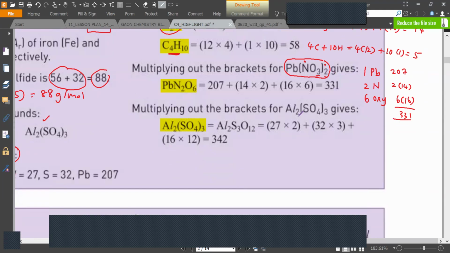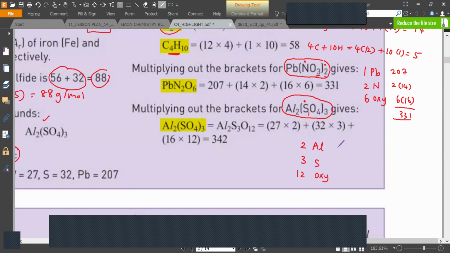Next, Al2(SO4)3. For this part we need to be very, very careful. We can see here 2 aluminum, and then sulfur: 1 sulfur multiplied by the bracket, so there are 3 sulfur. Oxygen, 4 times 3 outside the bracket, 12 oxygen.